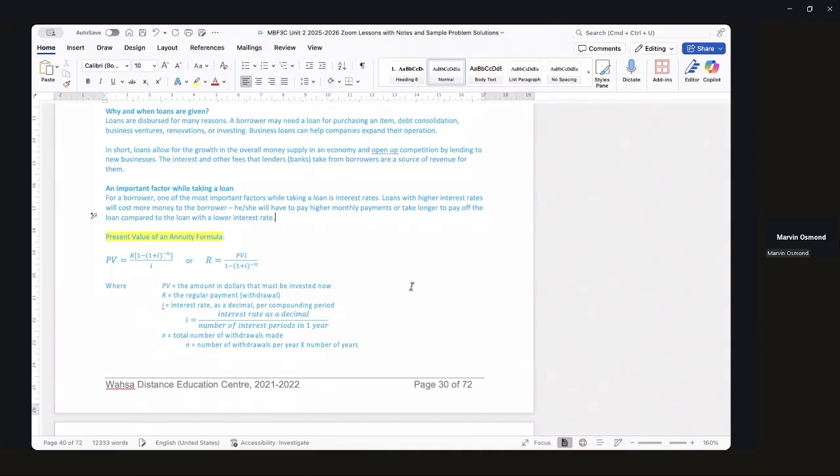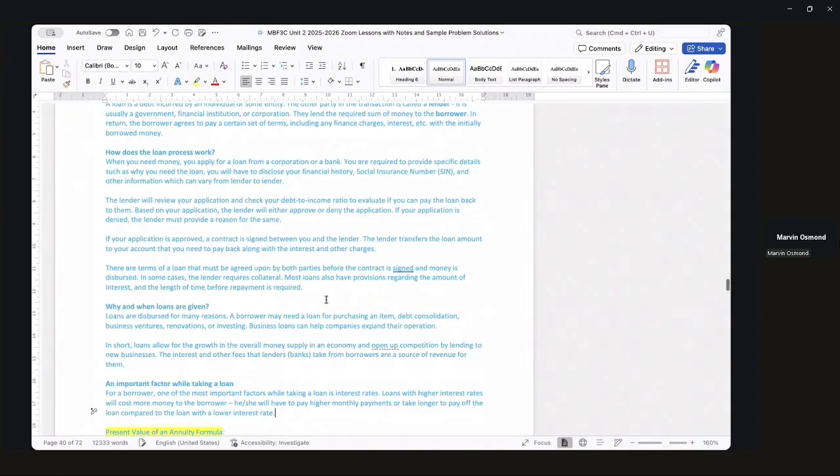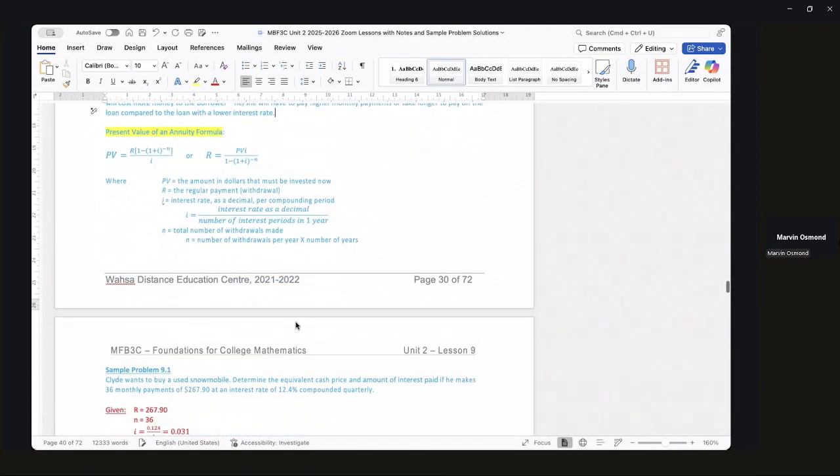And that formula will give us what the monthly payments would be. And again, that is most likely the one that you are going to be using.